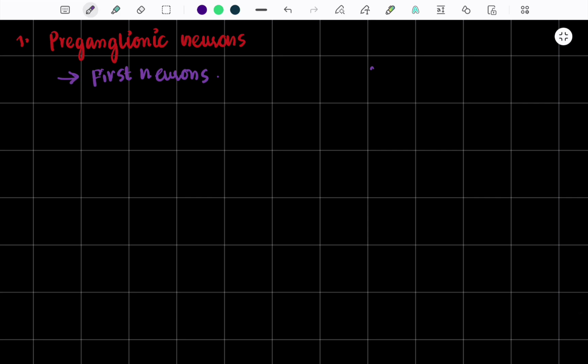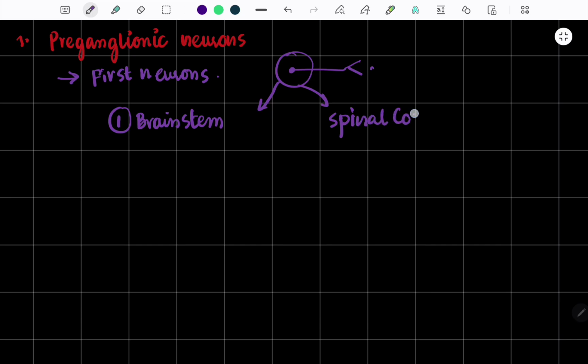And when it comes to their cell bodies, obviously the cell bodies of these neurons are present in either the brainstem or spinal cord, because we know that these neurons originate from the CNS.